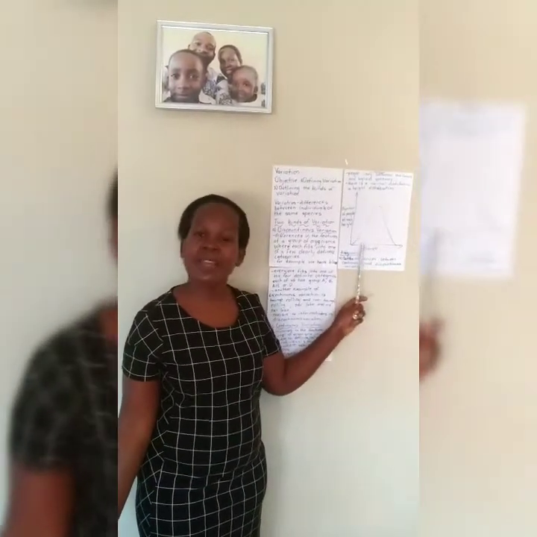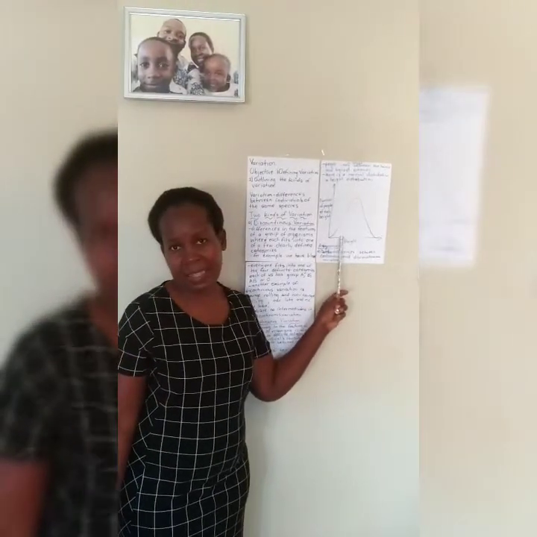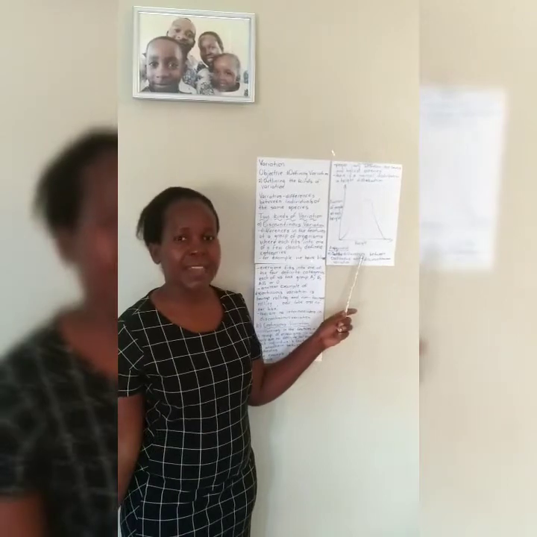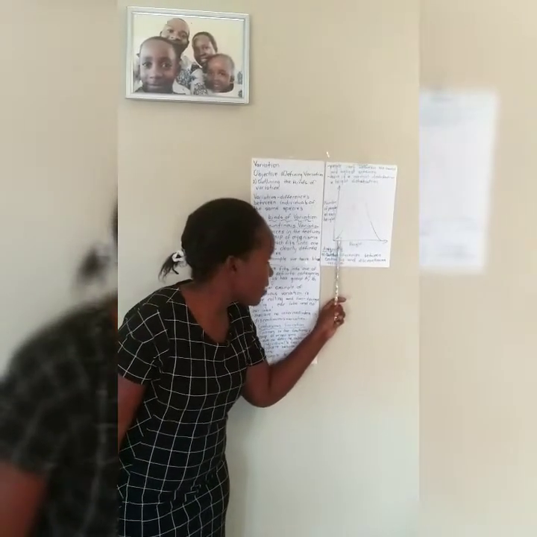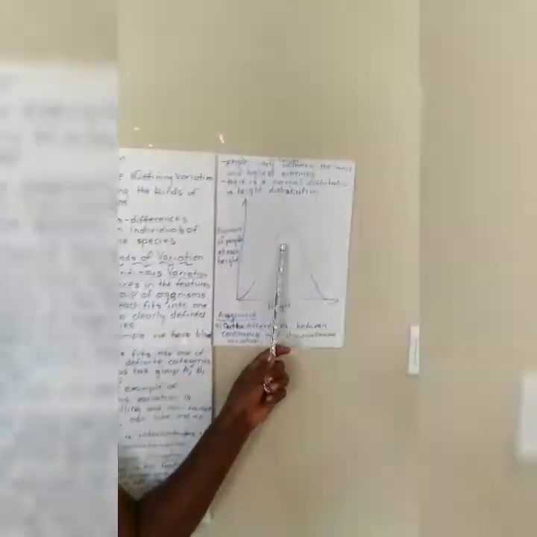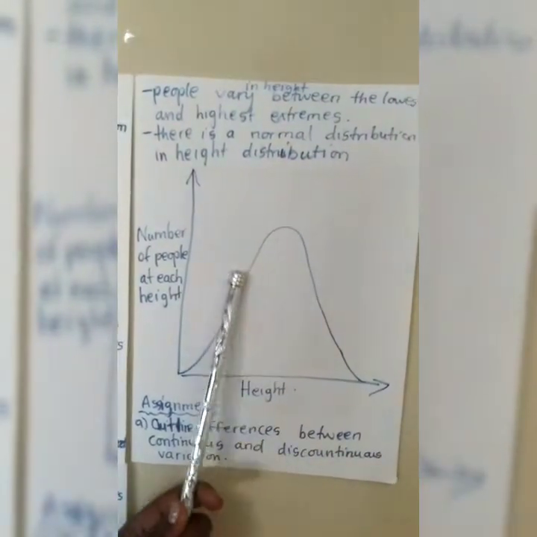You will see that between 1 meter and 2 meters, there are intermediates, whereby someone is 1.7, 1.3, 1.8, varying like that. And you see there are extremes. There is this extreme and that extreme, and in between they are intermediate, and most of the people lie in the intermediate zone.